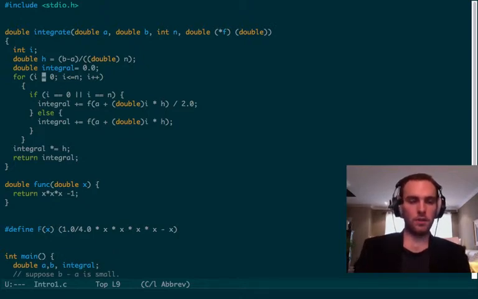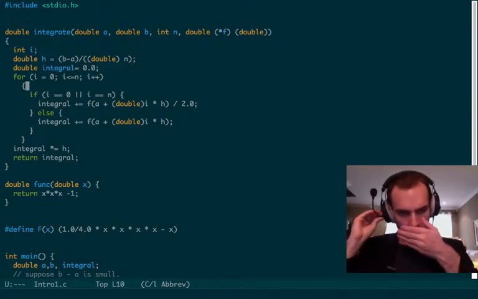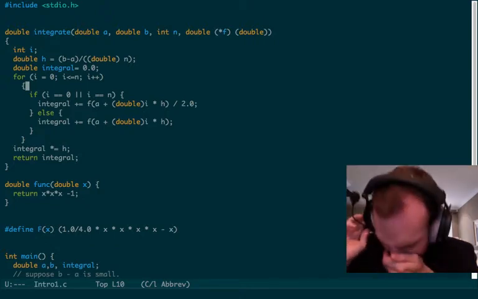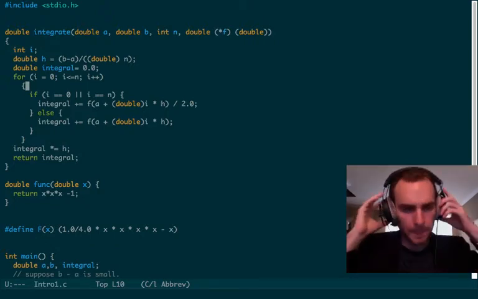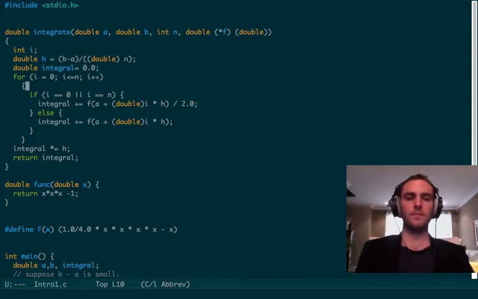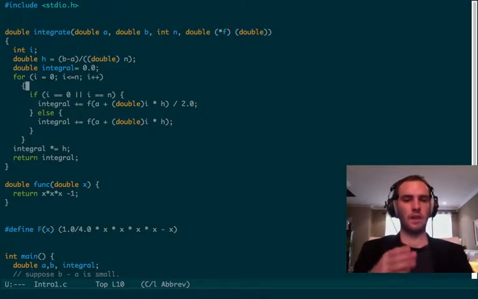This method as well is going to boil down to just having points on a grid and assigning a certain weight to each of those. And yet it's going to vastly outperform the linear approximation.